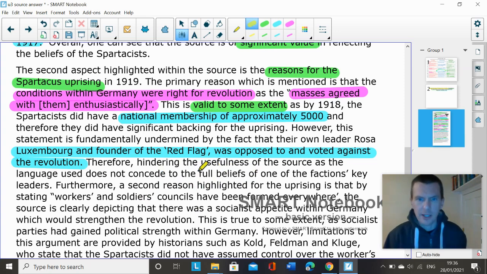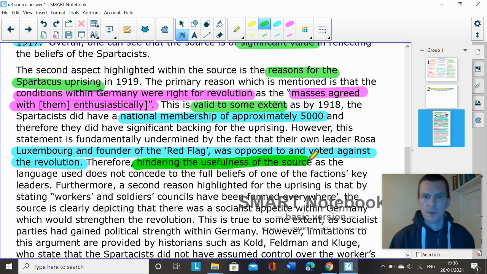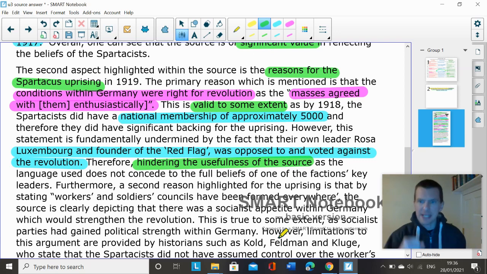That's slightly cumbersomely phrased, but what they're saying here is that although the source is claiming that their reason for rising up is that they have mass support, actually we have good evidence from Rosa Luxemburg's reluctance to rise up that key leaders in the Spartacists knew that they didn't have as much support as they were claiming, and therefore that's not a key reason for their uprising.